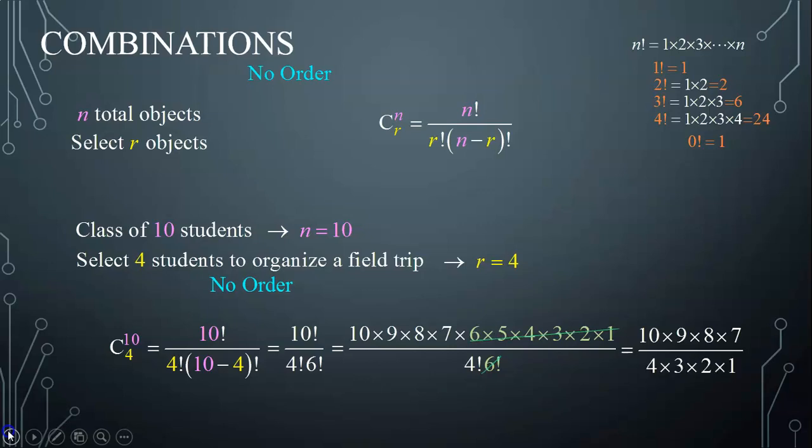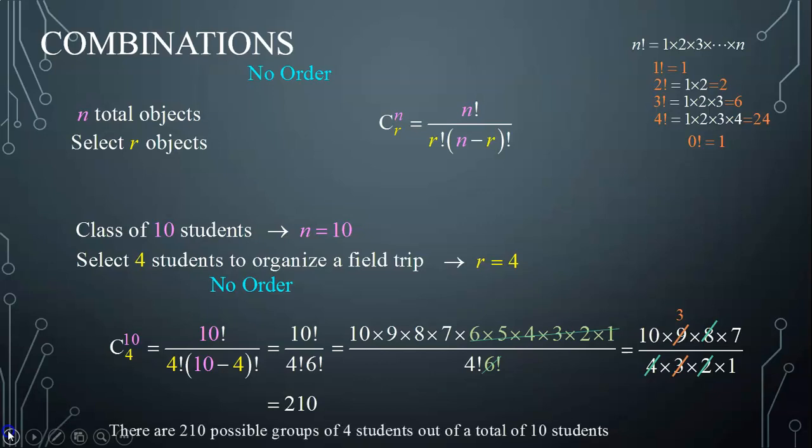And 4 factorial being the product from 1 to 4, 2 times 4 at the denominator cancel out the 8, and 9 divided by 3 is 3, which leaves me with 210 possible combinations. Then there are 210 possible groups of 4 students I can form out of the given 10 students. Without using the formula, you could evaluate that combination immediately on your calculator using the expression 10C4.